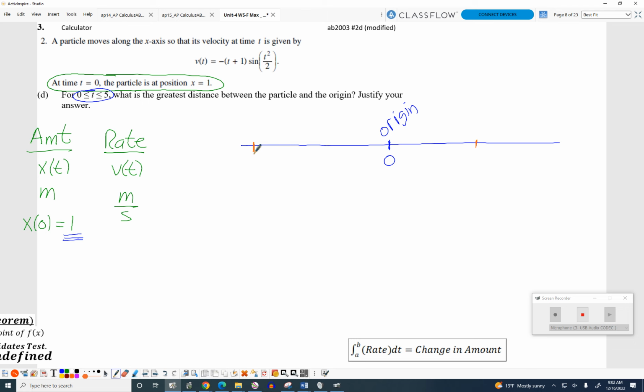Cool. So Jacob, how do I write the max-min theorem as it applies to position for this situation? I'll help you get started here. We write the max slash min value of x of t.